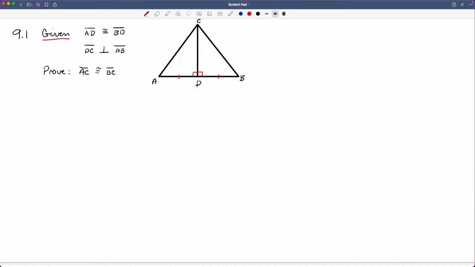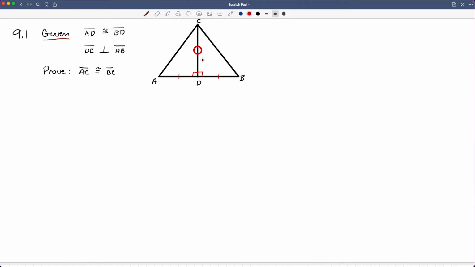Now, because of this one line being the same, it's not explicitly told to us, but we can tell that this is the same line for both triangle ADC and BDC. So I'm going to put a marker here that shows it is the same line for both of those, and that's a circle when you have a same line that's being shared.